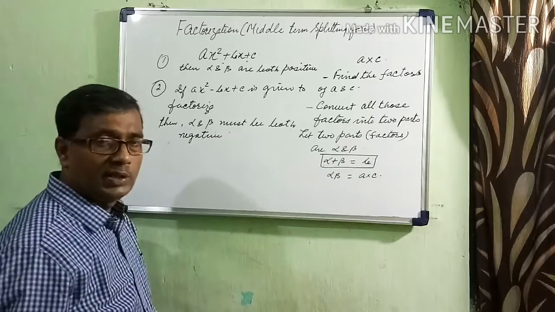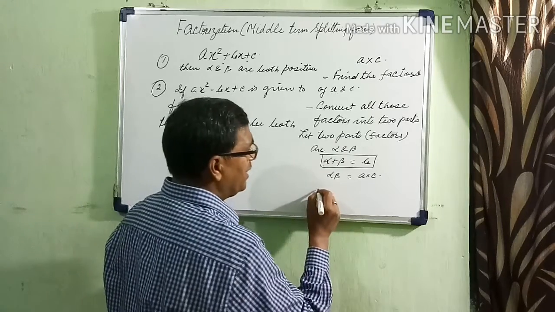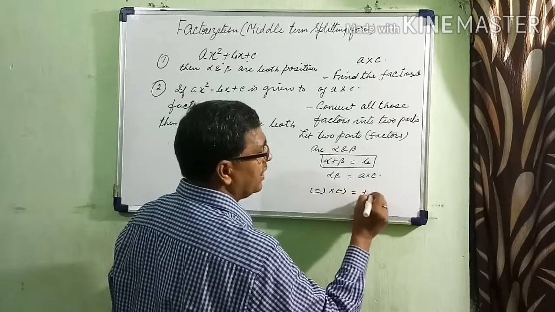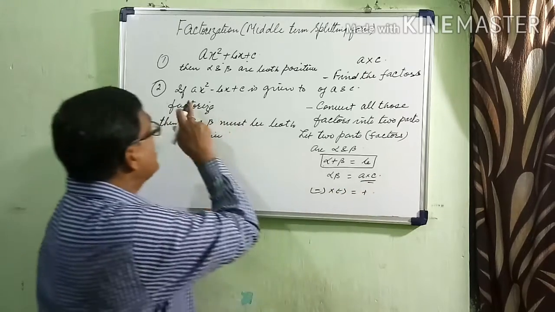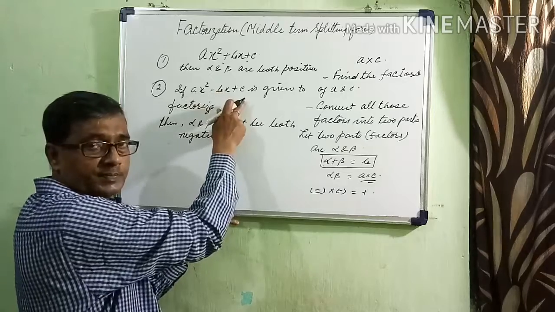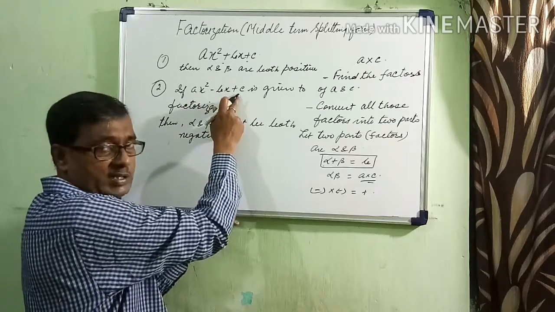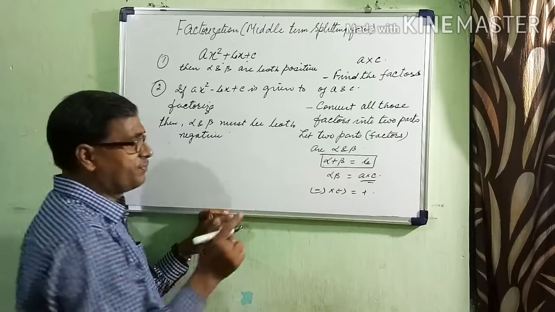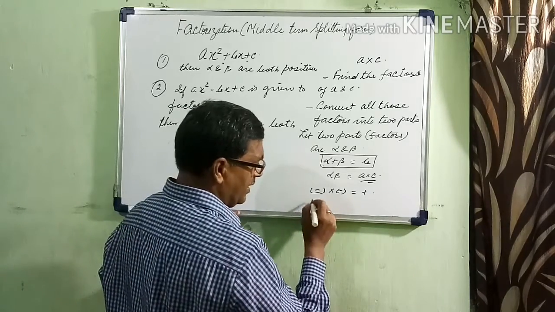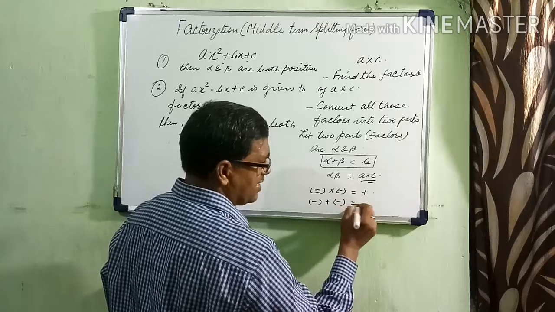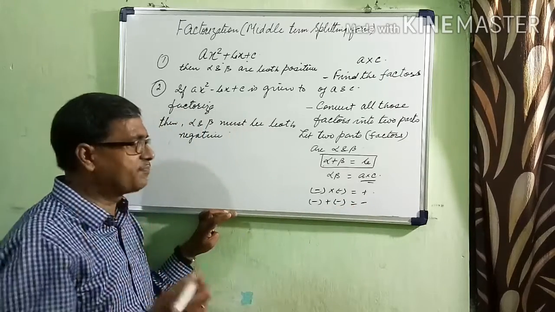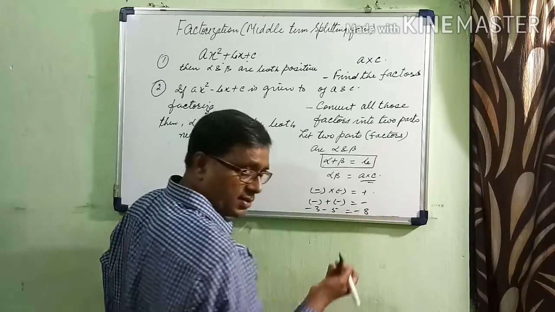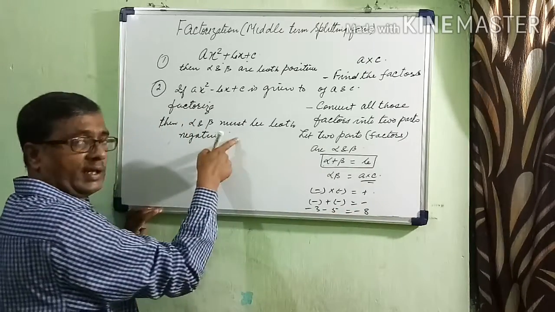Why is it so? Because when you multiply negative into negative, it will be positive. So the product will be positive, plus a into plus c, plus ac. But when you add minus plus minus, the answer will be minus only. For example, minus 3 minus 5 will be minus 8. So both will be negative.